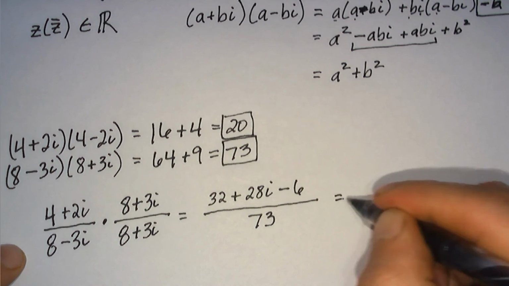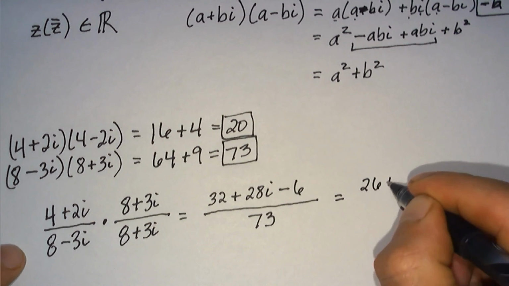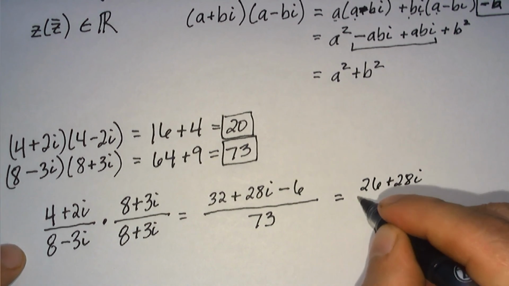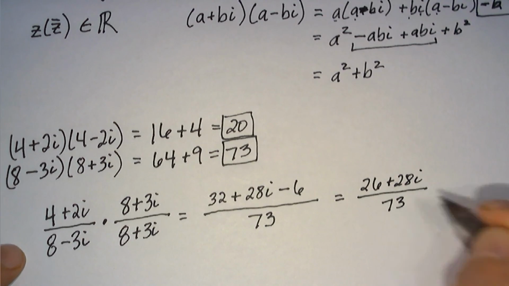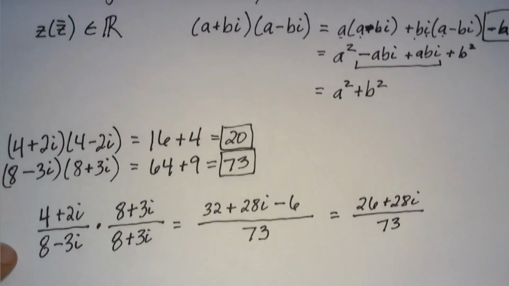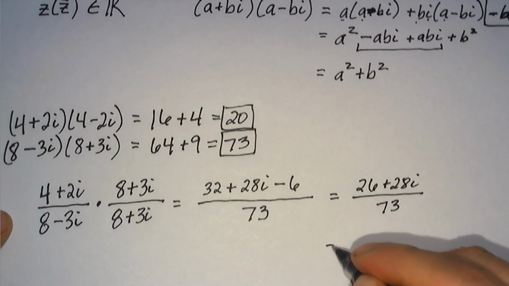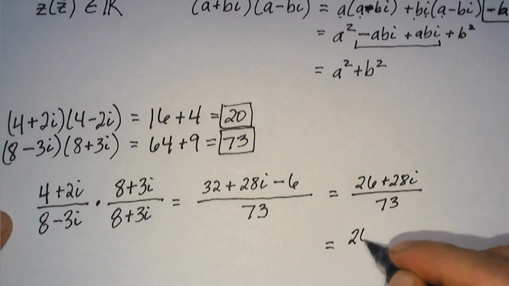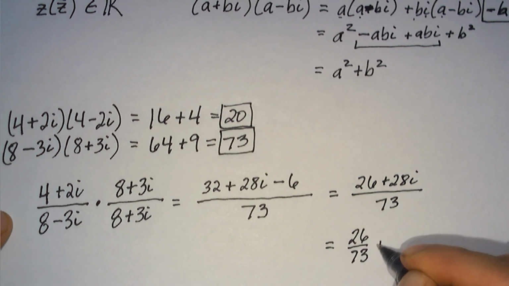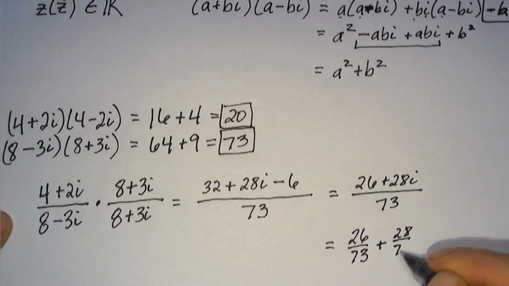So this is 26 plus 28i divided by 73. But most of the time, this is not the proper way to write the answer. Most people would write this as 26 over 73 plus 28 over 73i.